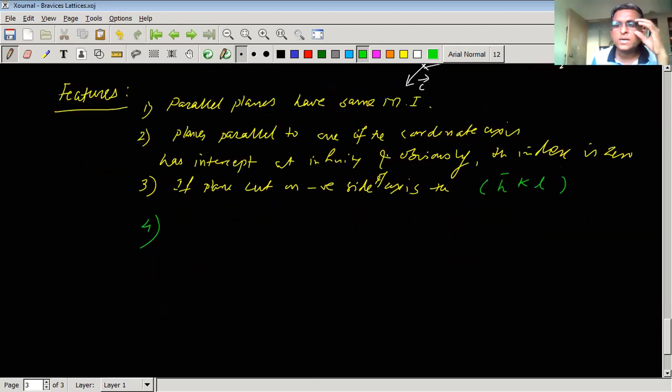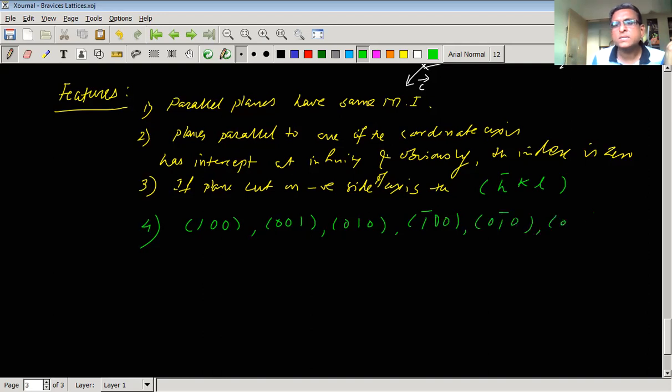If we calculate the indices, they come to be of this form: 100, 001, 010, 1 bar 00, 01 bar, and 011.